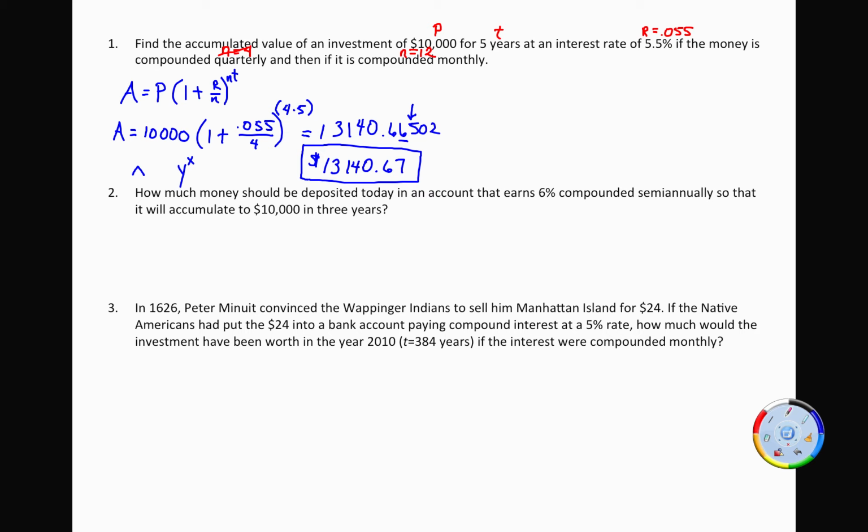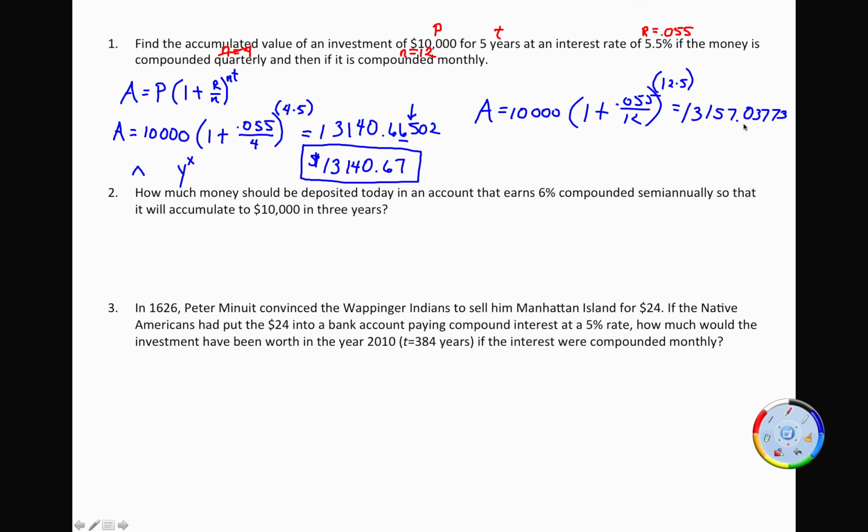And I get, now, if I plugged in A equals 10,000, 1 plus 0.055 over 12 to the 12 times 5, and remember on the calculator I have to have parentheses around that, and when I hit enter I get 13,157.0370373.